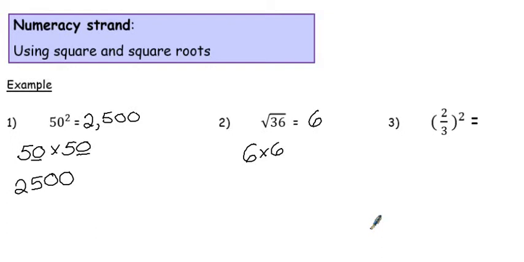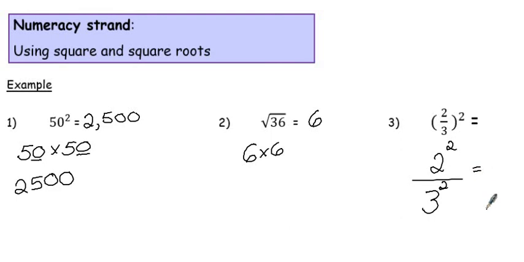The third example is a little bit more tricky because it involves fractions. So inside a bracket we have 2/3 and all of that is squared. To do this, we could rewrite this as 2 squared over 3 squared. And all we've got to do is square the top number and square the bottom number.